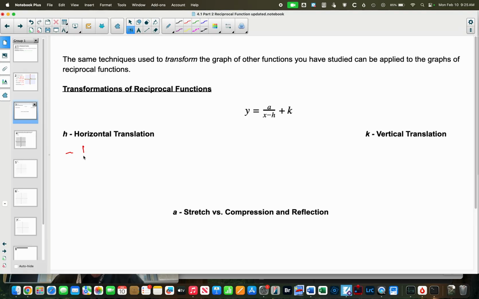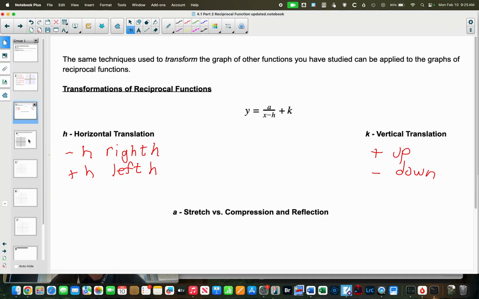It always goes the opposite way of the sign. So x minus h is going to go right, h units. And if it's plus h, it's going to go left, h units. k is up and down, that many units, okay?